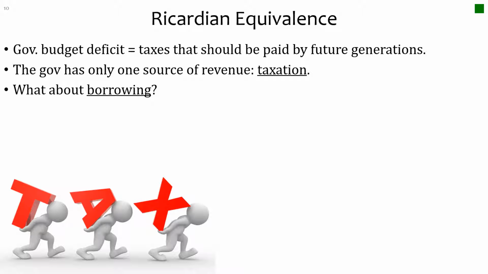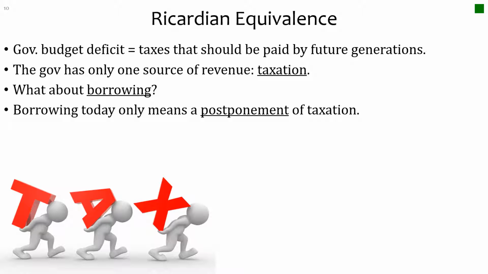But think of it. What does it mean if the government borrows money? It's getting into debt, right? How is it going to pay the debt later? So borrowing today only means a postponement of taxation. Effectively, the government at the end of the day has only one source of revenue, and that's taxes, right? So the bonds, if you remember, bonds are the government's way of borrowing, right?